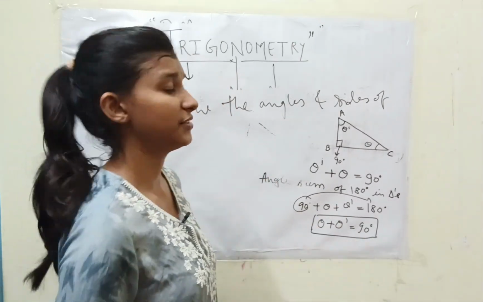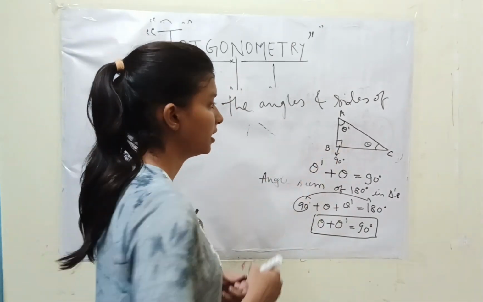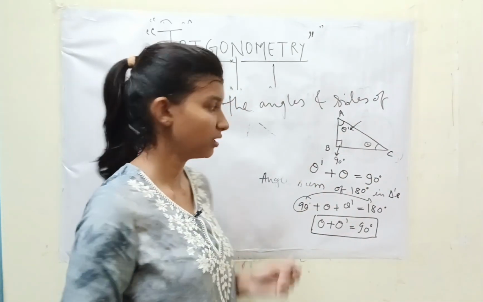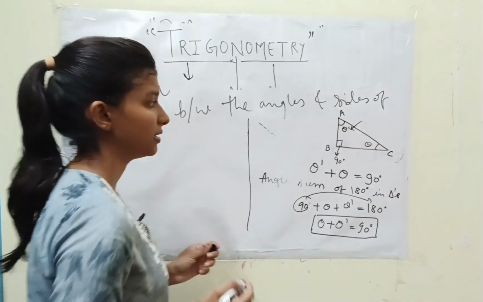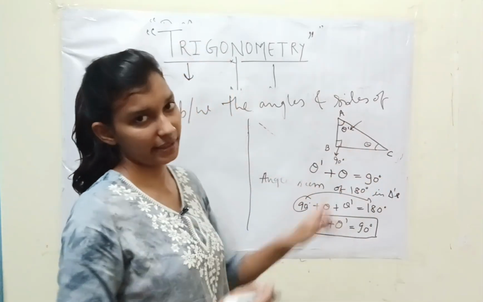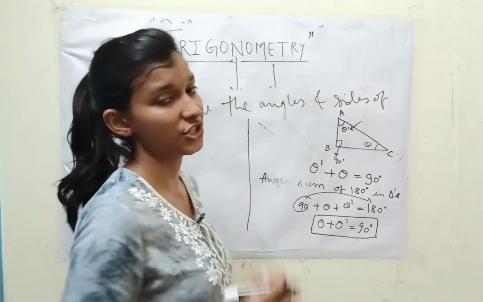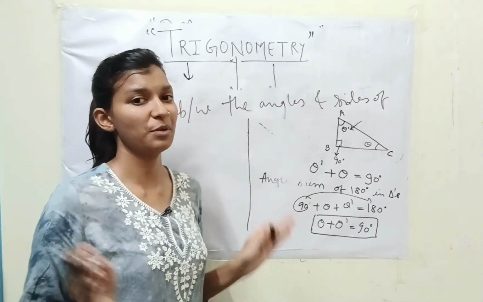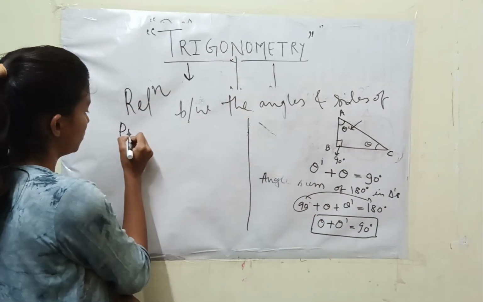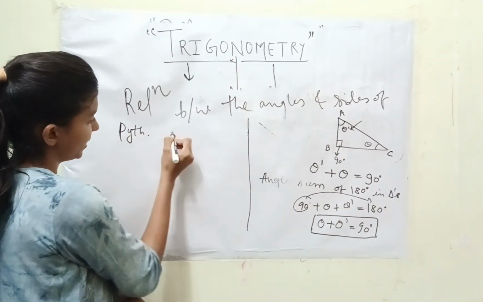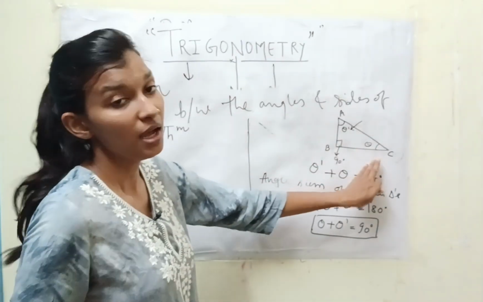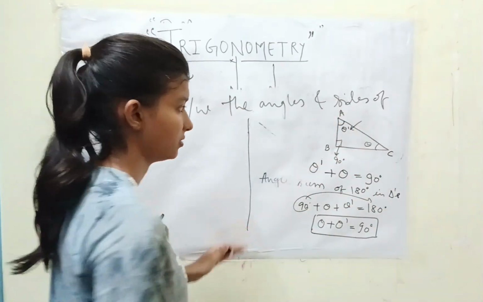By using this fact, we can calculate one unknown angle if the other angle is given. And the other thing is that by considering the sides of the right angle triangle, we have a relation. The most common and most famous relation we have all studied is the Pythagoras theorem, which gives us the relation between the sides of a right angle triangle.